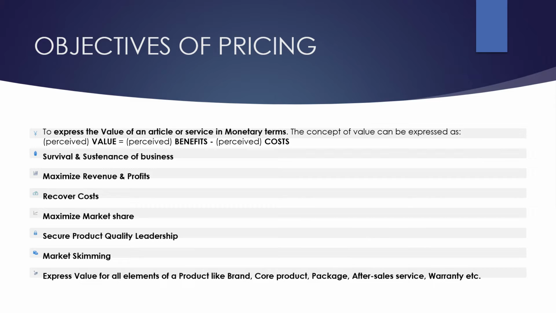Pricing policy is very important for generating revenue, and therefore it is an important factor for survival and sustenance of business. It maximizes revenue and profits. Price is the only thing that generates revenue from sales.